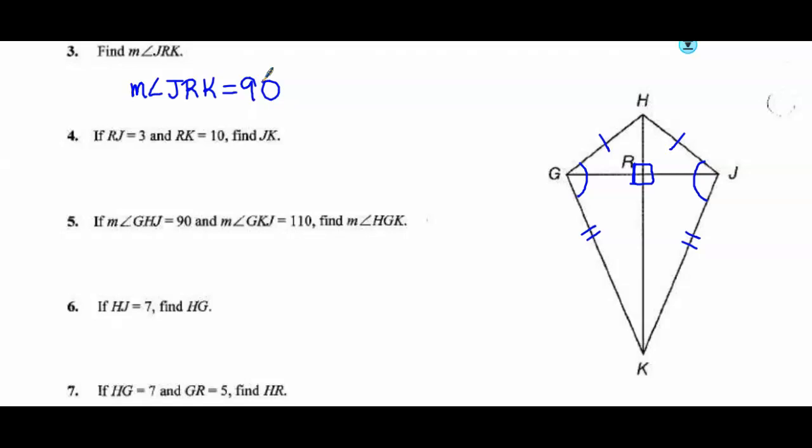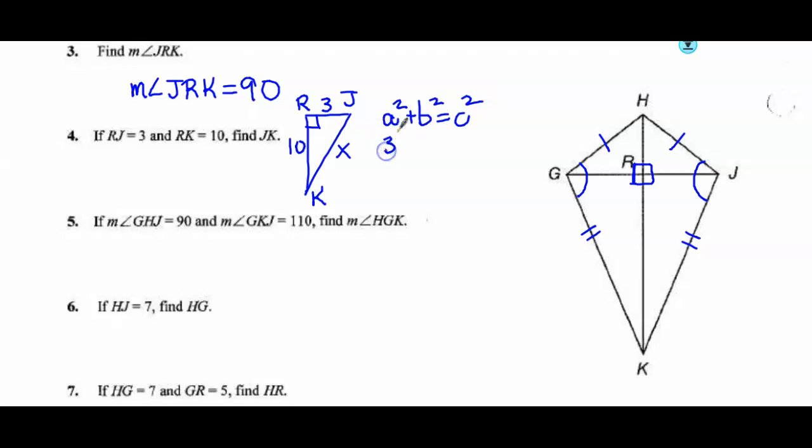Next it says RJ is 3 and RK is 10. So I'm going to pull out what I see there. I see R, J, and K. RJ is 3, RK is 10. I need to find JK. Well, there was something else there, which was a right angle. And when I see a right triangle and I need to find sides, I need to think of Pythagorean's theorem.